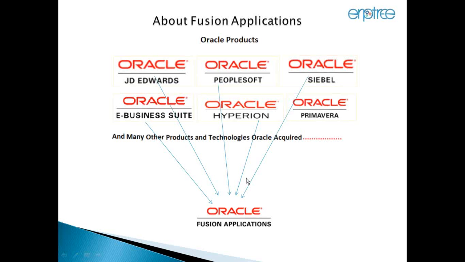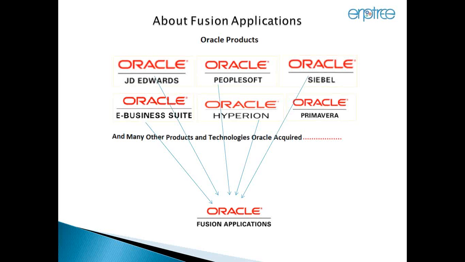From Hyperion they took the reporting capabilities, and from Primavera they took the solutions which are part of PPM, project portfolio management, for the project suite. By taking the best solutions from the different ERP products and other enterprise products, they built an application called Fusion applications. This is the meaning of Fusion applications.